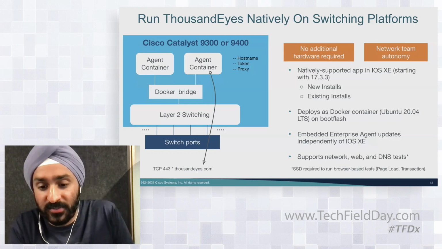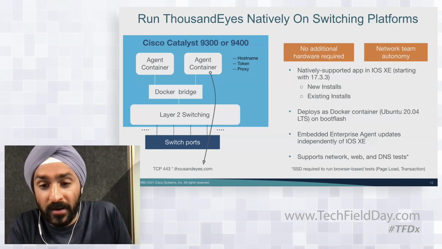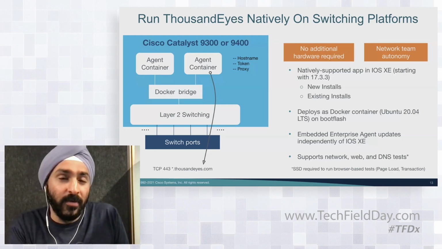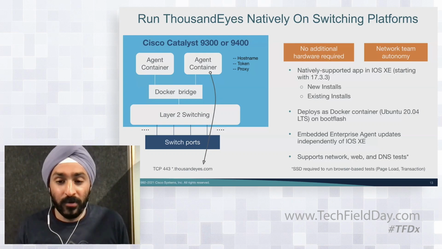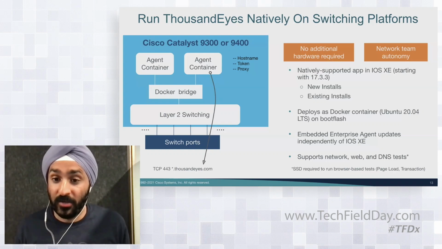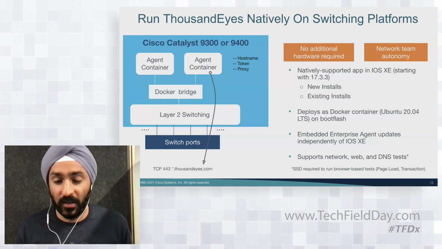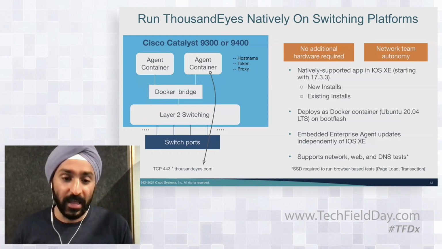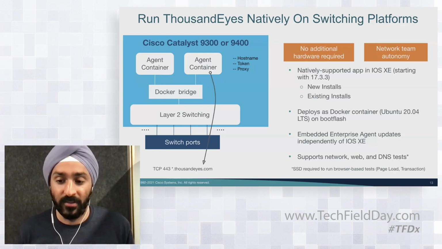The only caveat to this is requiring SSD when users need to run browser-based tests. These are the tests that allow users to render an entire web page or a series of web pages within the agent environment for application layer telemetry, and then correlating that down to the network.